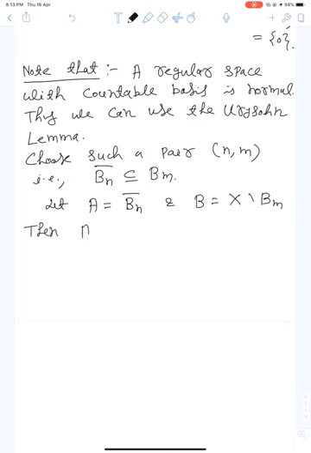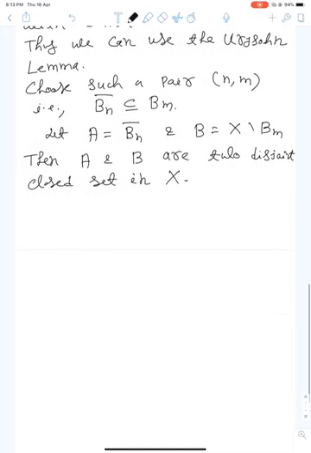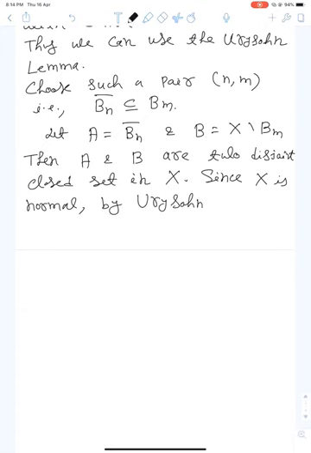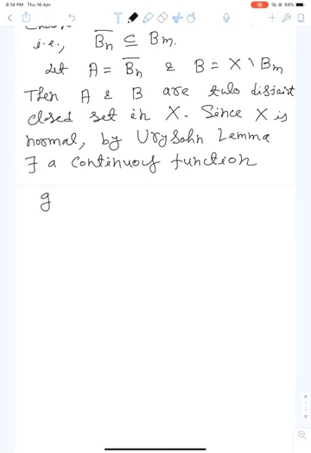Then A and B are two disjoint closed sets in X. Now since X is normal, by the Urysohn lemma there exists a continuous function g n,m from X to [0,1].